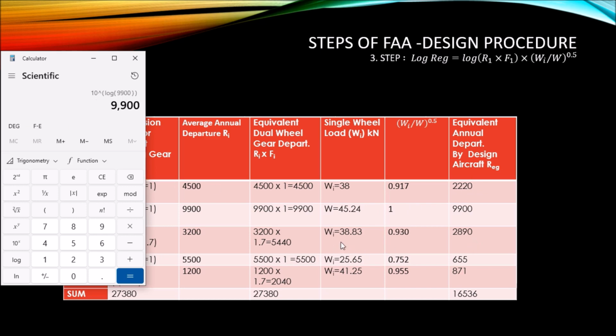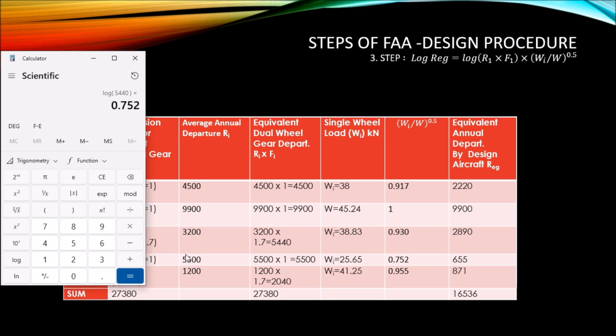So we go back to the next column. We have 3,200. That is 5,440, which was the log. Then we multiply it by 0.752.